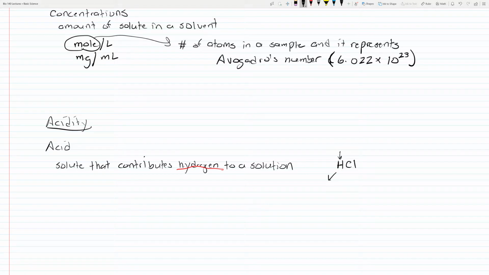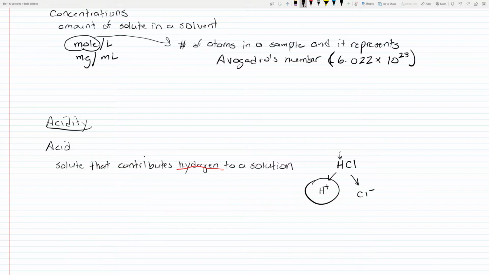And what it's going to do is break off and be H positive. The reason it does this is because Cl is so hungry for electrons. It's not going to let hydrogen keep its electron. No, chloride is greedy for the electrons, and so chloride is going to come off with its negative charge when you dissolve this in water. So what HCl, hydrochloric acid, has done when you put it in water is donate a hydrogen. It has contributed a hydrogen to that water solution.